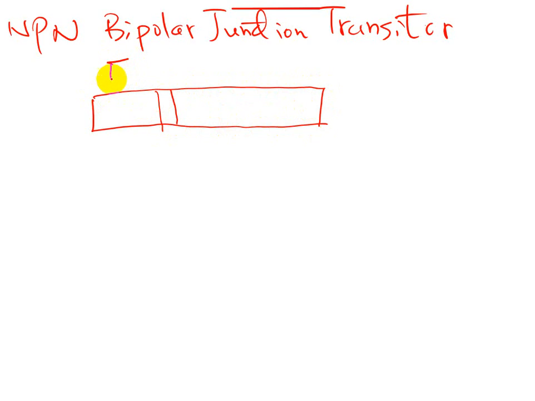This is emitter, this is base, this is collector area for N, P, N. Remember when we say emitter, high concentration.